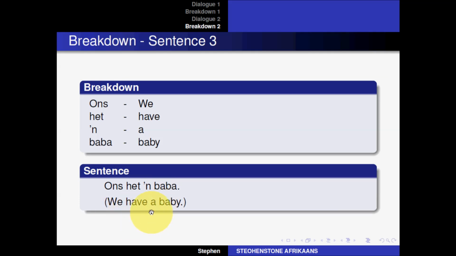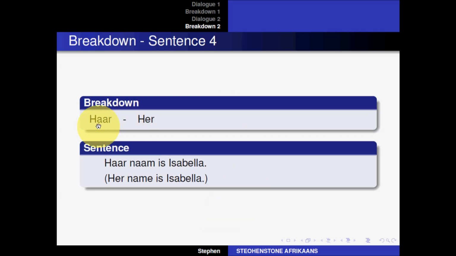We have a baby. I think the only one to really be aware of here is the word het, which in this case means to have. So it's sort of the verb in my sentence. Let's look at the next sentence. The only new word here is haar, which means her. Haar naam is Isabella. Her name is Isabella.